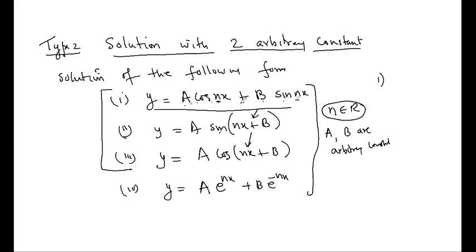Although I have put an n here, it will be 2, 3, 4, like that, numbers instead of n. So there are 2 arbitrary constants. How many times am I allowed to differentiate? 2 times. After differentiating 2 times, I must remove A and B and formulate the equation. Is it clear? So my first 2 parts remain the same for all problems.